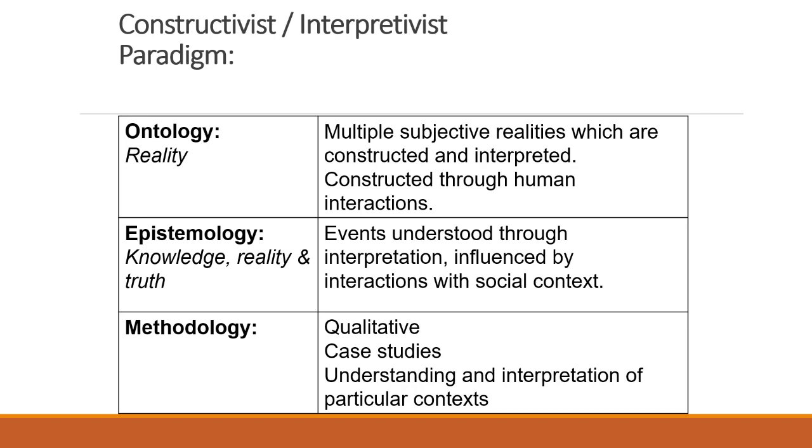Those events contribute to the ways in which we see the world, right? So reality is constructed through human interactions. I affect you, you affect me. And then that determines or reshapes our reality.